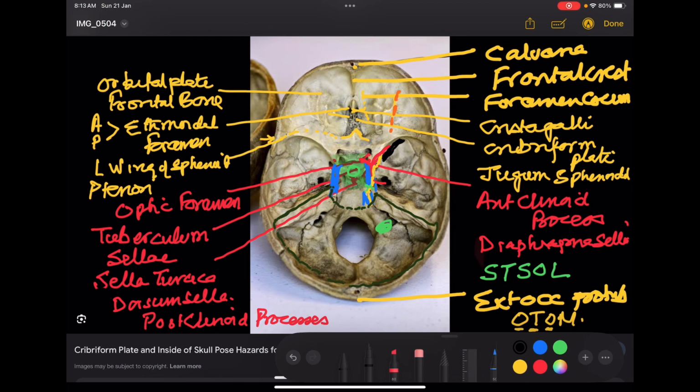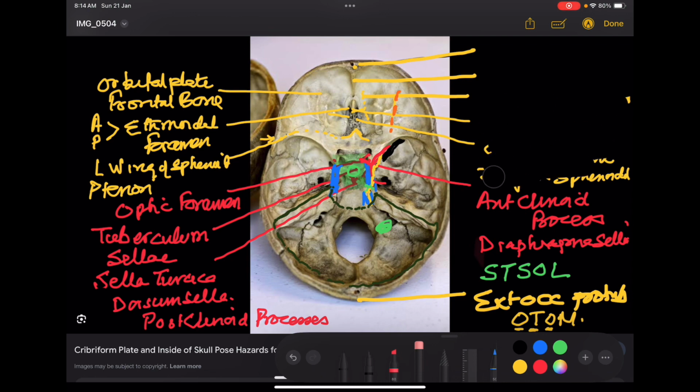The superior orbital fissure, we'll rub off something to be able to write here. So the superior orbital fissure will pass the third, the fourth, the fifth A, that means ophthalmic, and the sixth nerve.